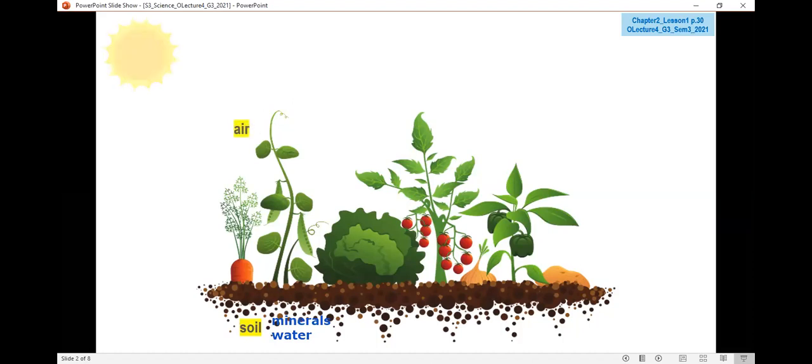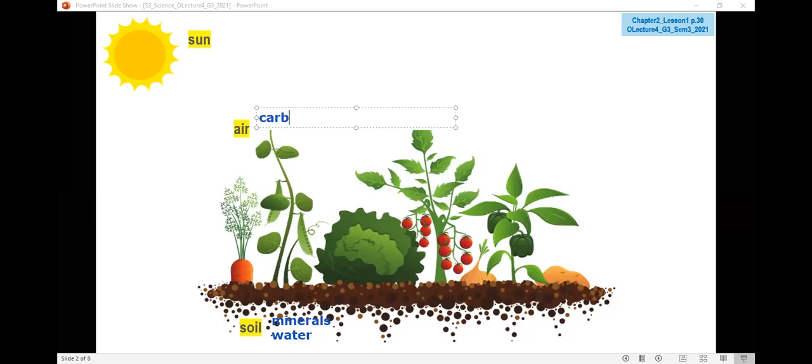They take sunlight. And what do they take from the air? Carbon dioxide. Plants also need space to grow. Excellent job.